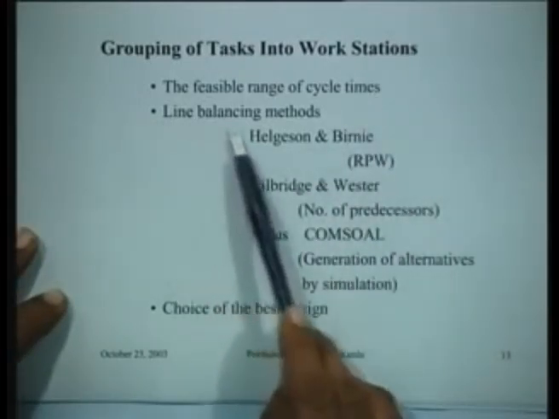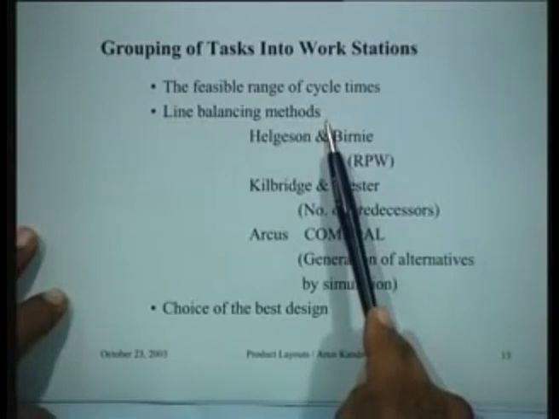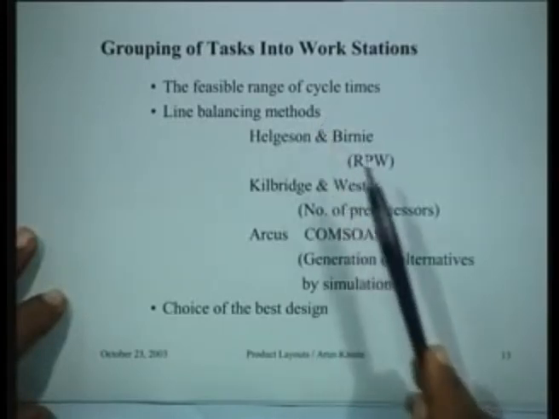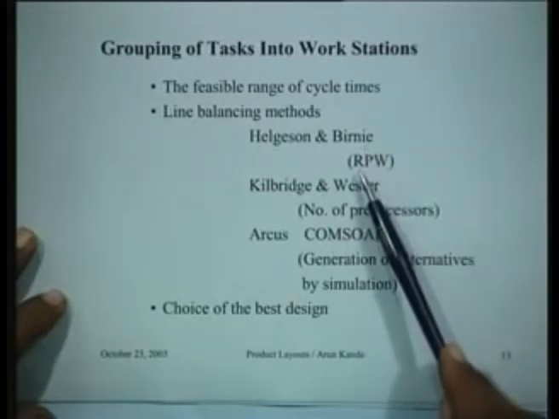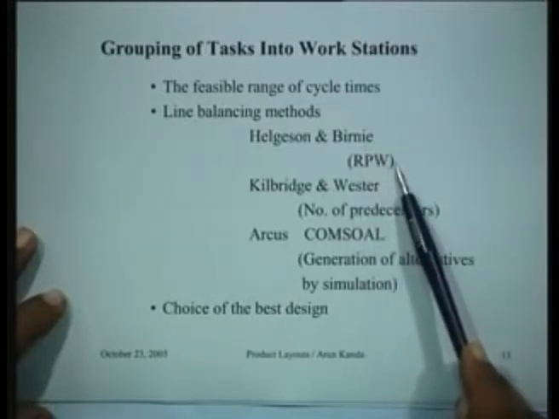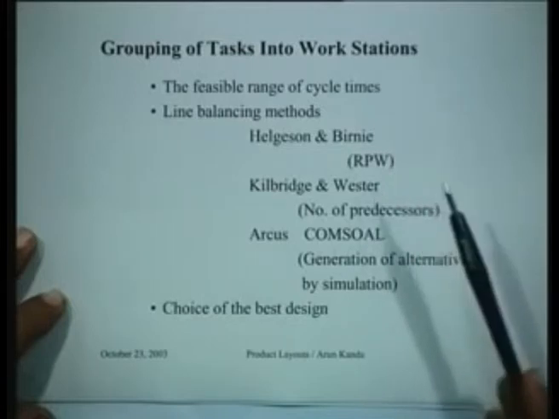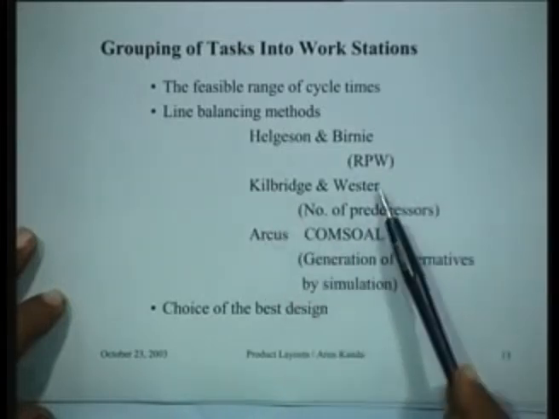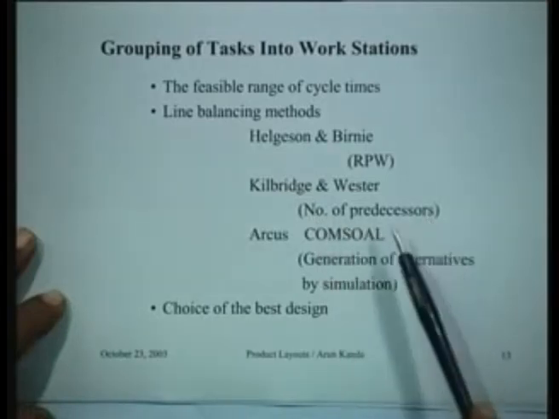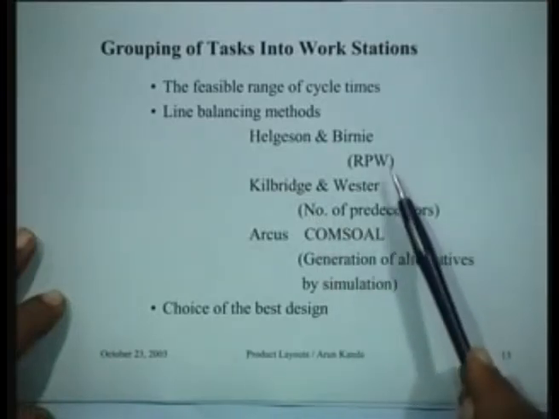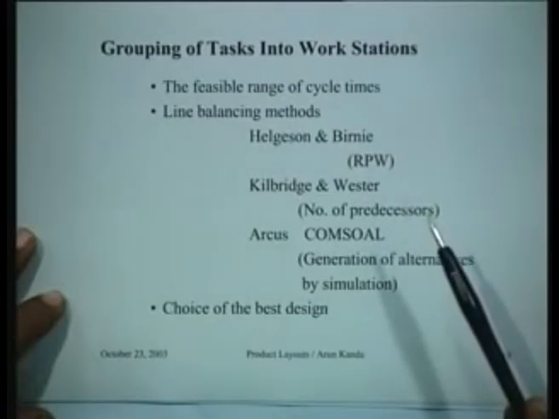And then there are many algorithms available for the line balancing process. We have a procedure due to Helgeson and Burney, which is quite common, known as the ranked positional weight method. We also have a procedure due to Kilbridge and Wester, which is based on the number of predecessors. That means priorities are decided based on the number of predecessors.